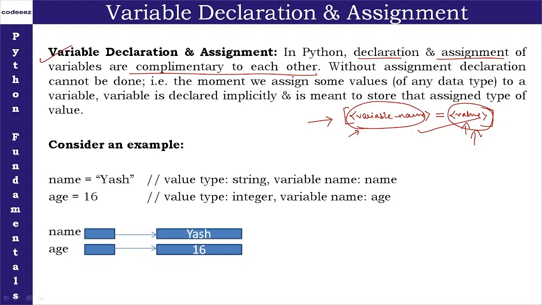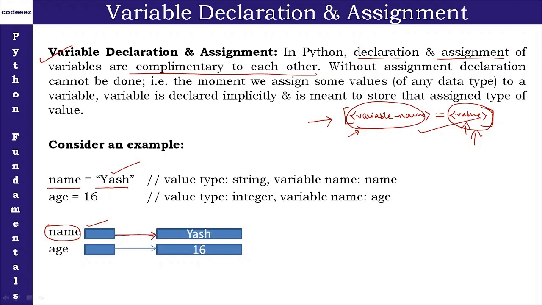Just look at an example. I have given the name of a variable as name, and the value assigned here is of a string type, that is Yash. Now what will happen in memory? A reference will be created, and the name of that reference will be name in this case. It will be pointing to a location in memory where the value Yash is stored.